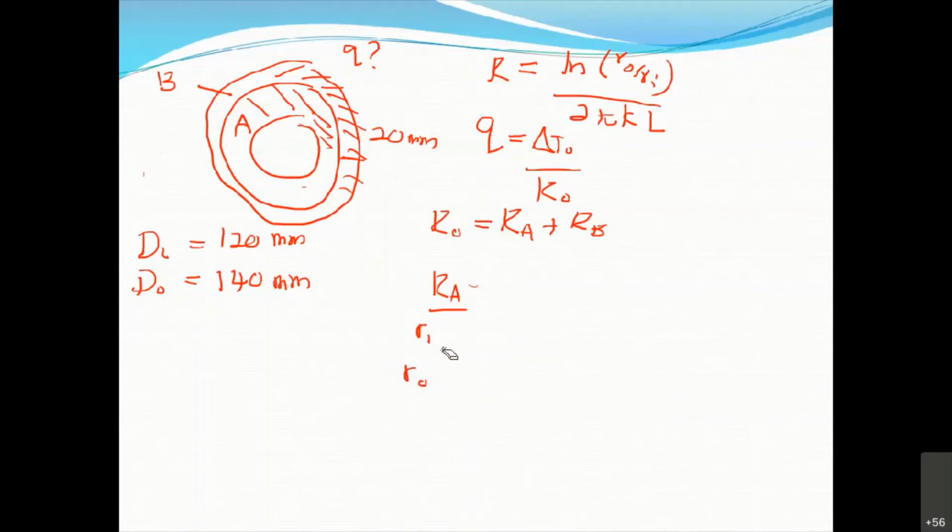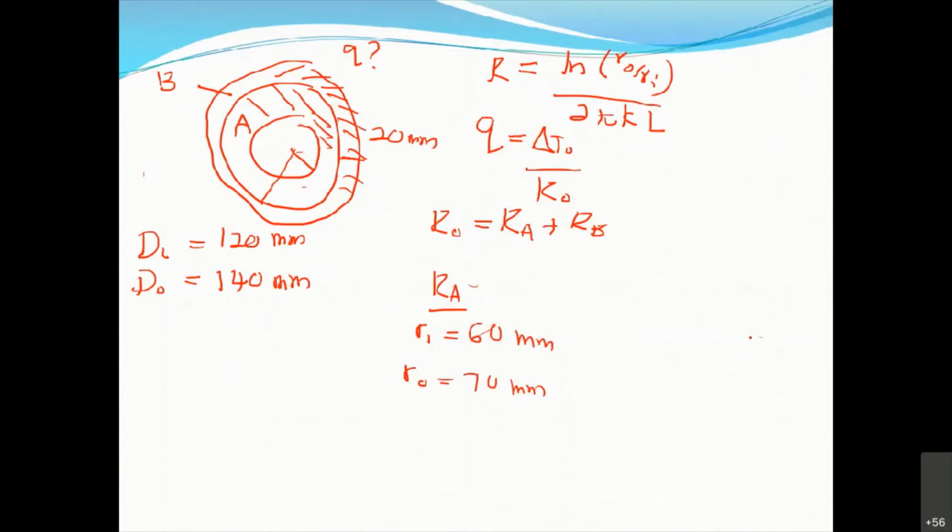Based on the first layer, let's say this is the center point, this is your Ri for layer A, this is your Ro. Based on the information, Ri is equal to 60 mm and Ro is equal to 70 mm. Once I know this, I can put it in this equation and get the value for Ra.